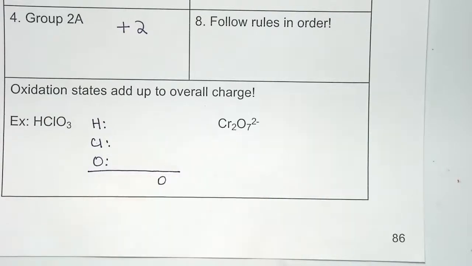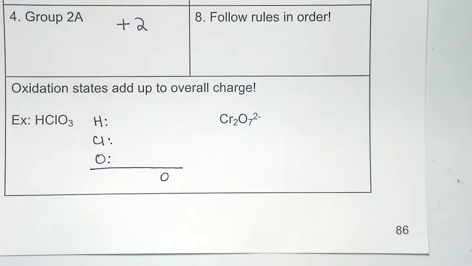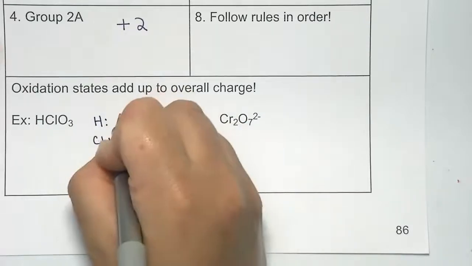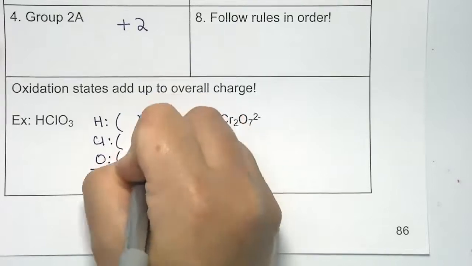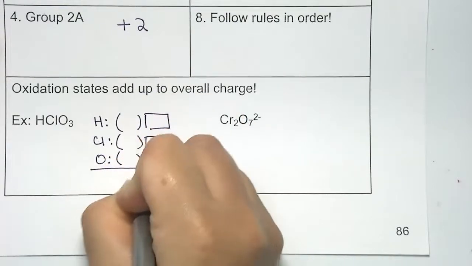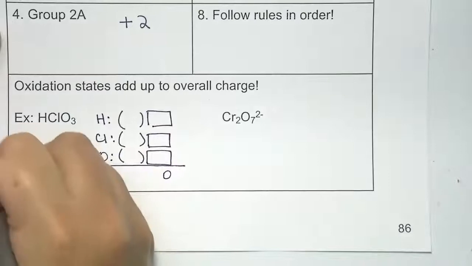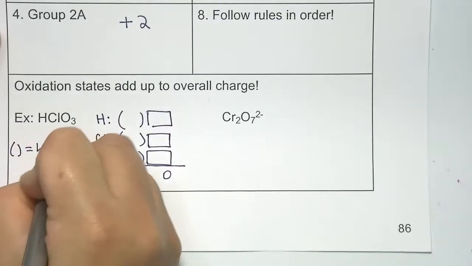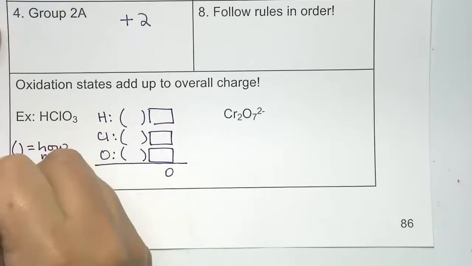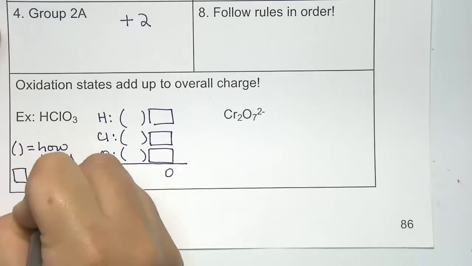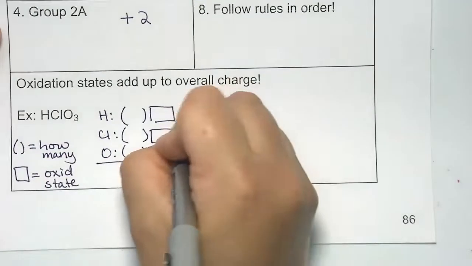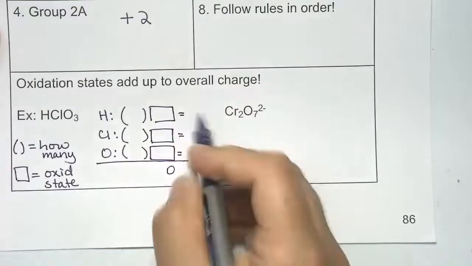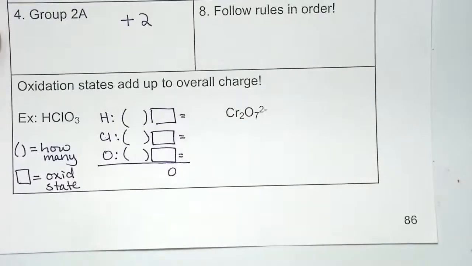It has to add up to 0. So for each of these, I'm going to write down how many of each one I have. Parentheses equals how many of them I have, and in the box, I'm going to write the charge, the oxidation state. Then I'm going to use these little sums on the side to make sure that I equal 0.